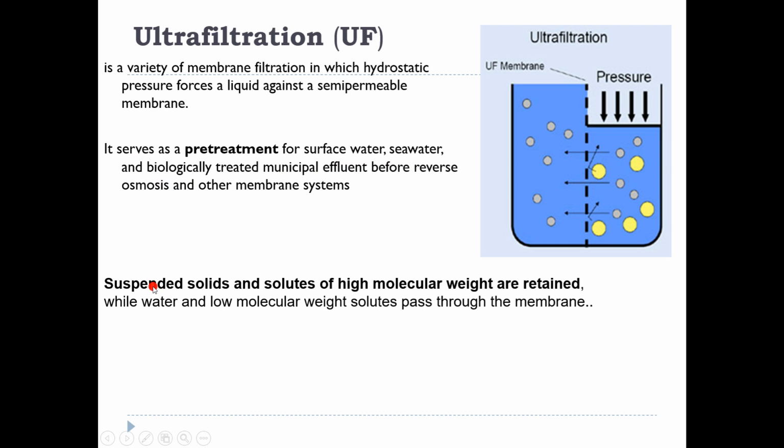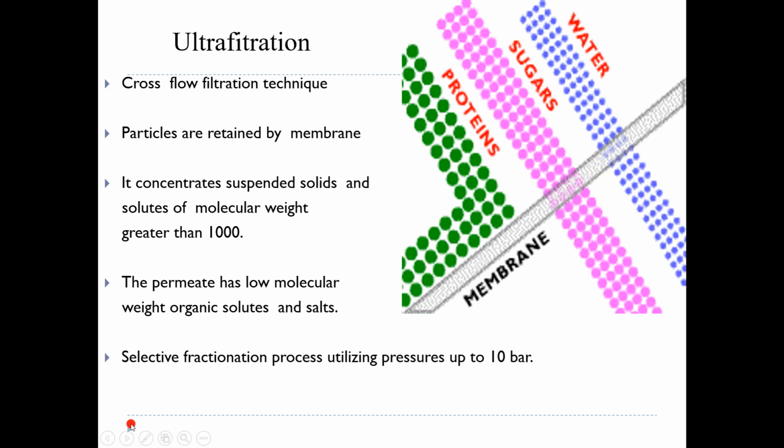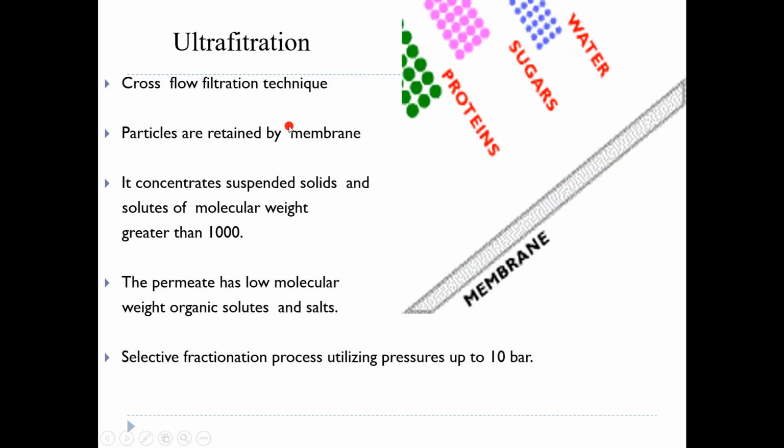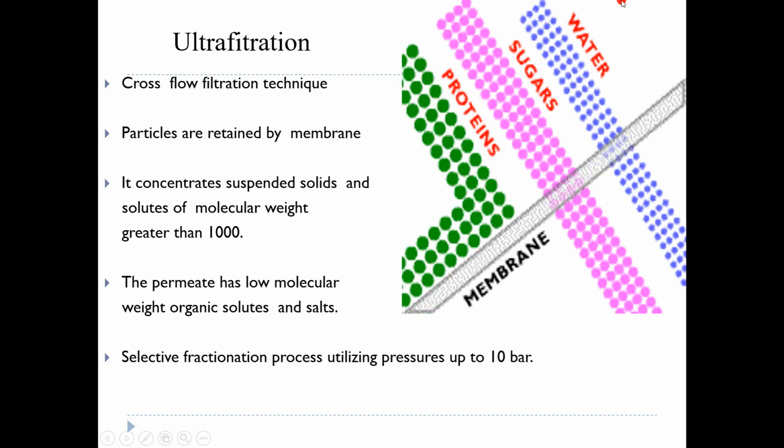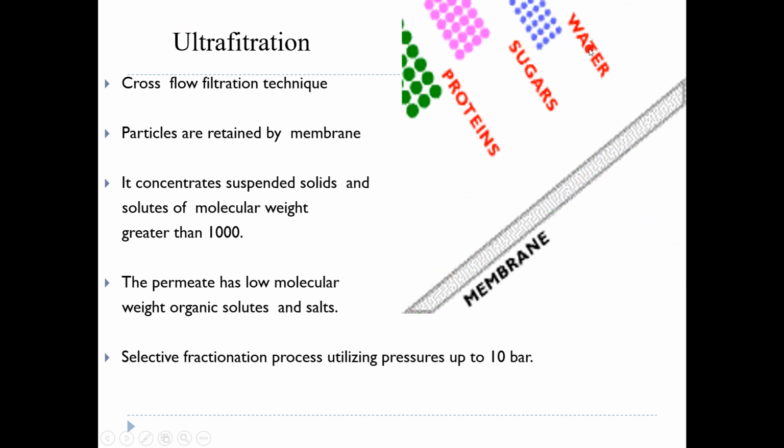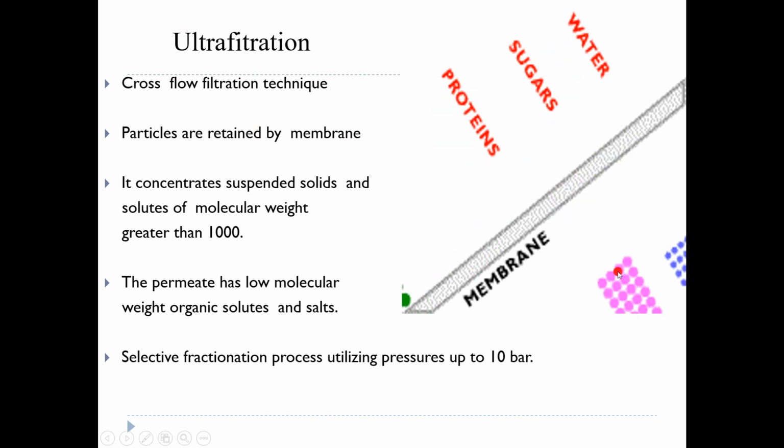Suspended solids and solutes of higher molecular weights are retained, and only water and low molecular weight solutes are allowed to pass through this membrane. It's a cross flow technique. As you can see, the protein particles are retained by the membrane, and the small particles like salt, sugar, and water are allowed to pass through.